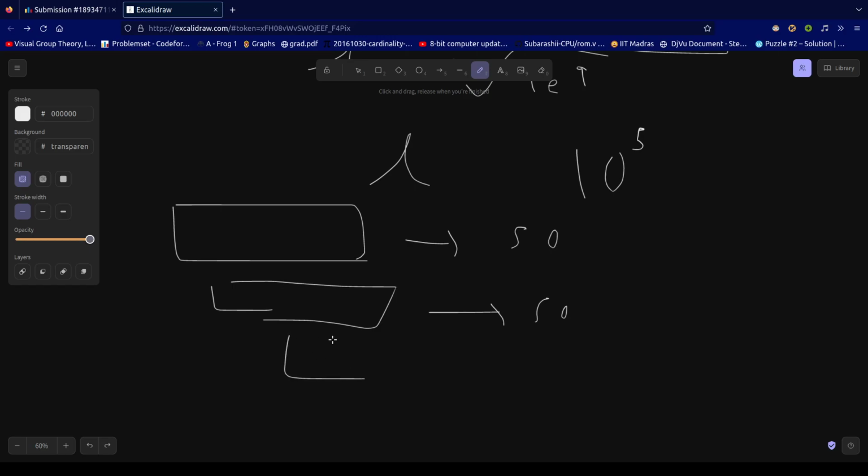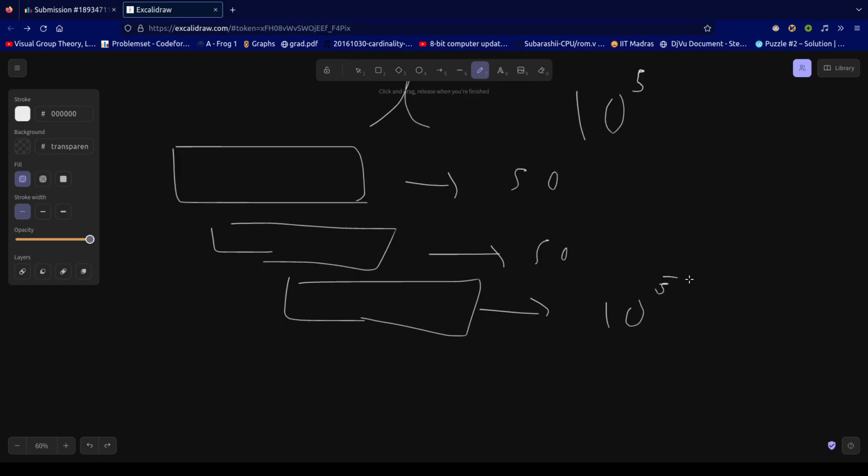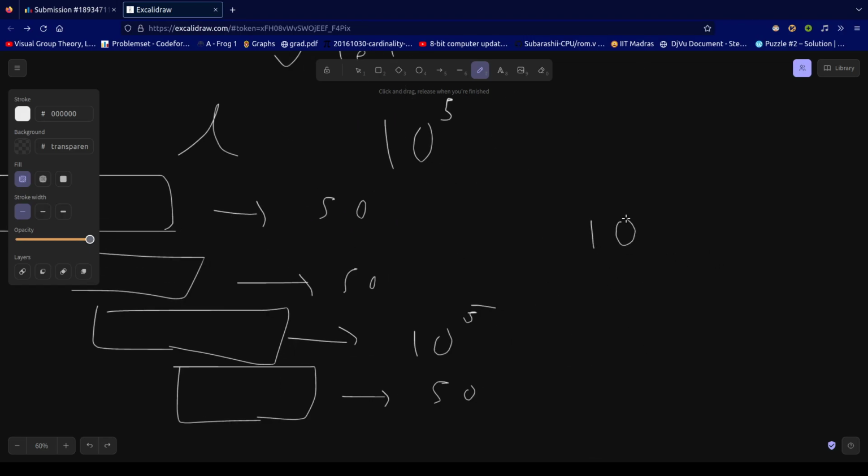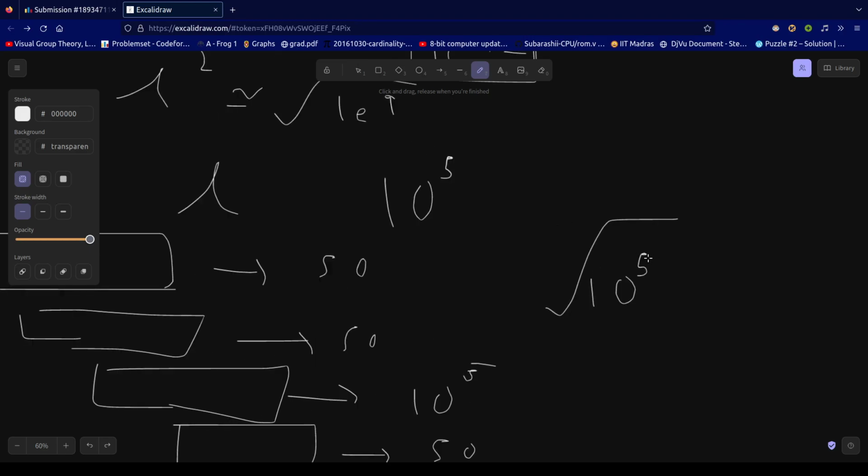Then I have one more for loop for the variable L, which can have say 10 to the power 5 operations. But this is an upper bound, actually it's somewhat less than that. And then I have one more for loop that can take 50 operations. So if you look at the final answer, that's some constant which is approximately 10 to the power 5. It's actually exactly the square root of 10 to the power 9. The solution is actually that times n cube.